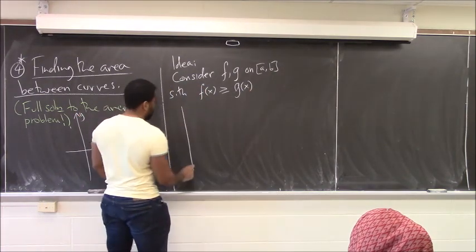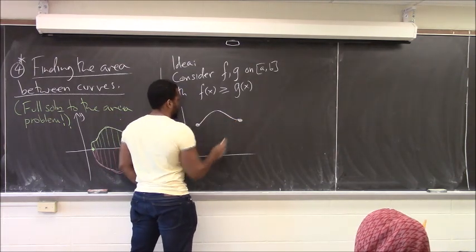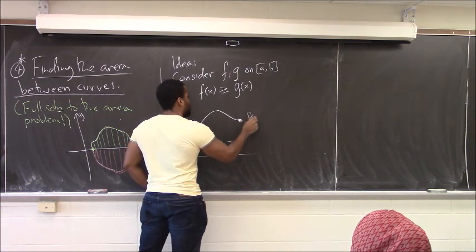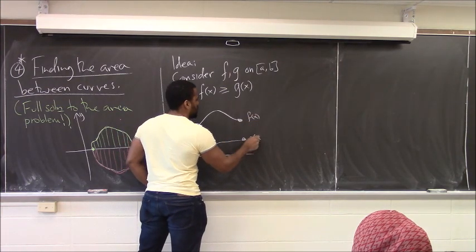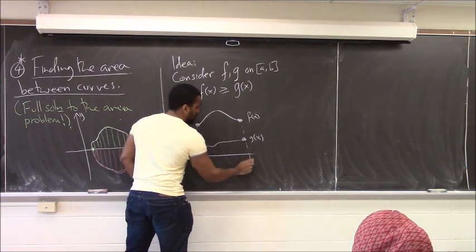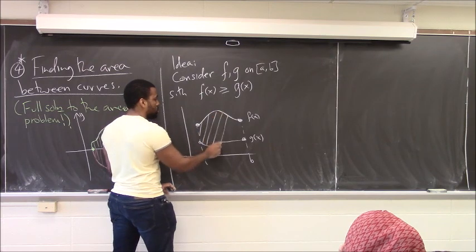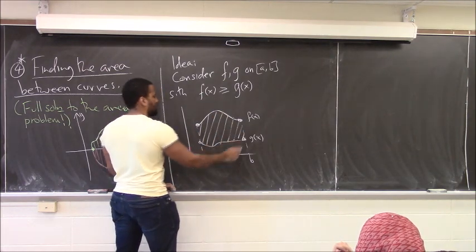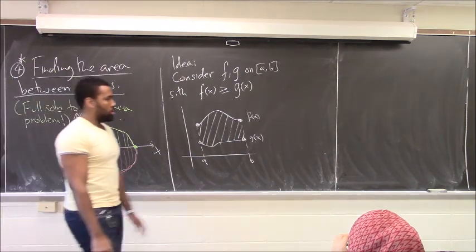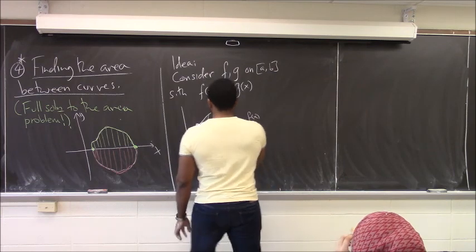So I have my f doing its thing, and I have my g doing its thing. This is your f, this is your g, this is your a, this is your b. And I'm interested in finding the area between these two curves. So I can call that A.